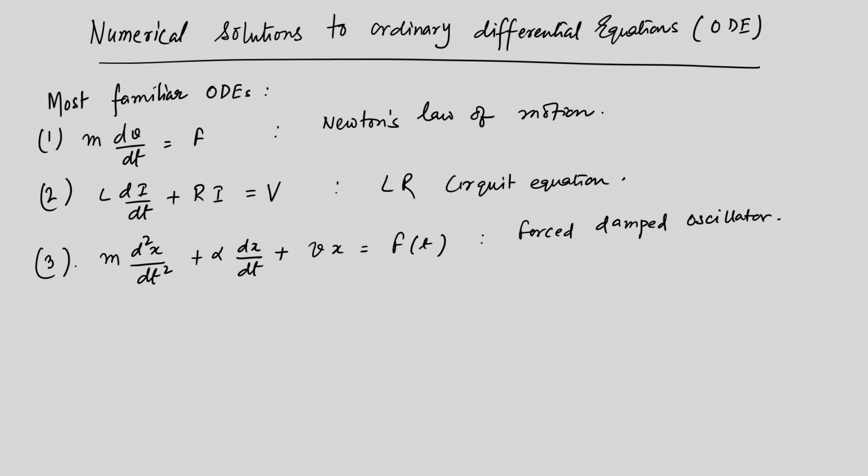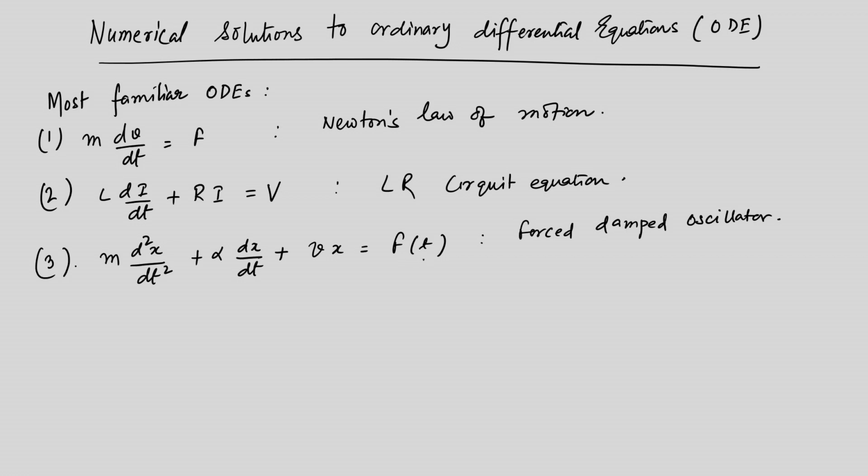Known to us, without this alpha dx/dt, we would have had an undamped oscillator, just a forced oscillator, and if f of t is equal to 0 and the damping term is equal to 0, it is the common equation for a simple harmonic oscillator.